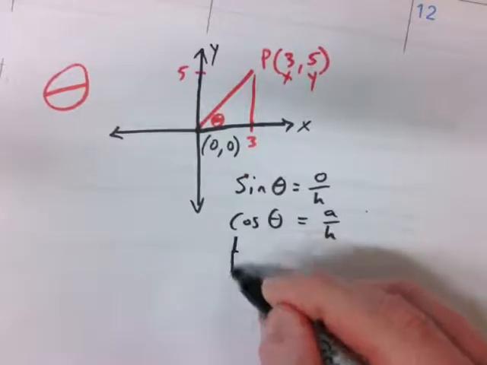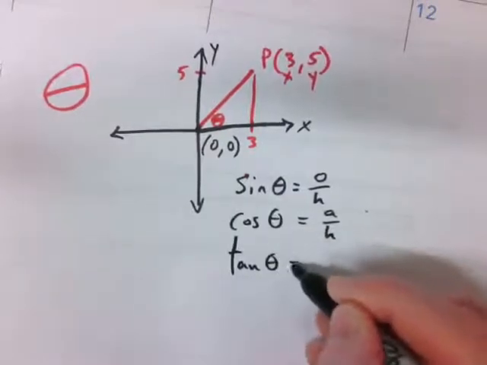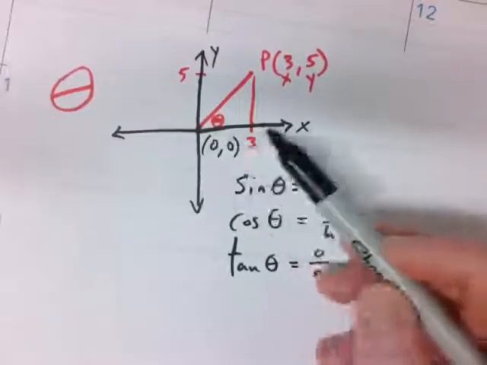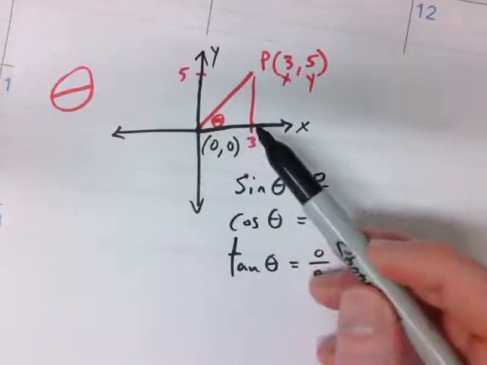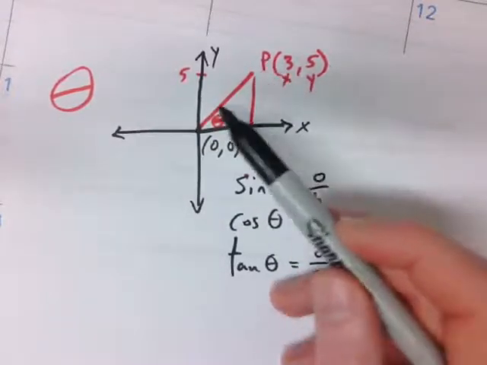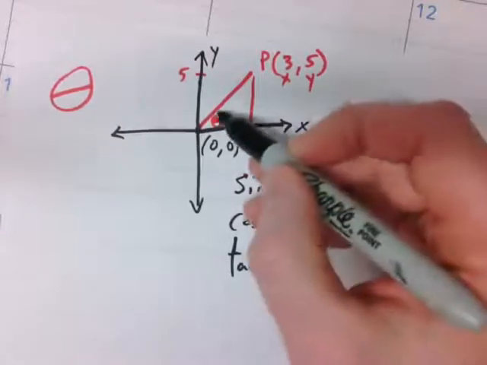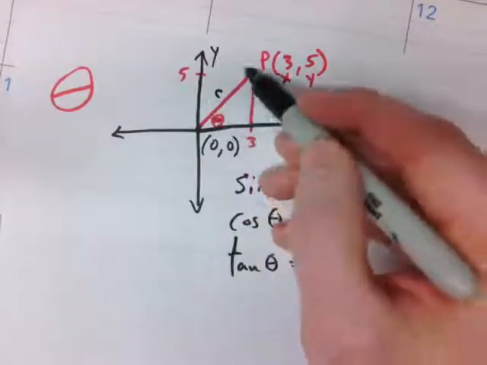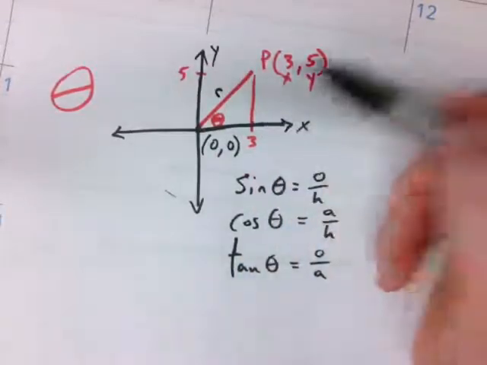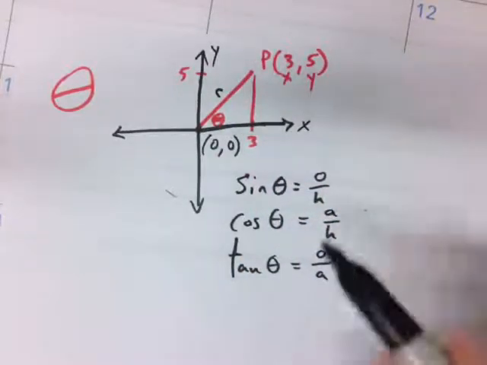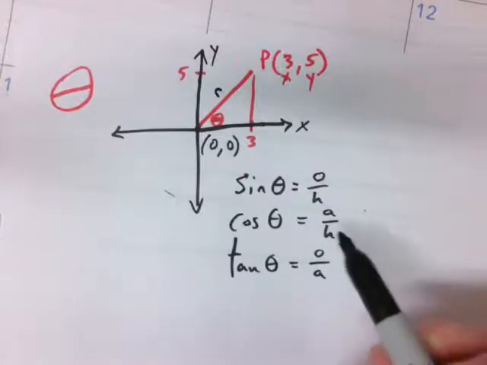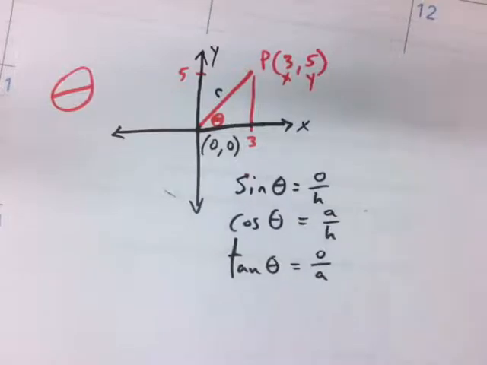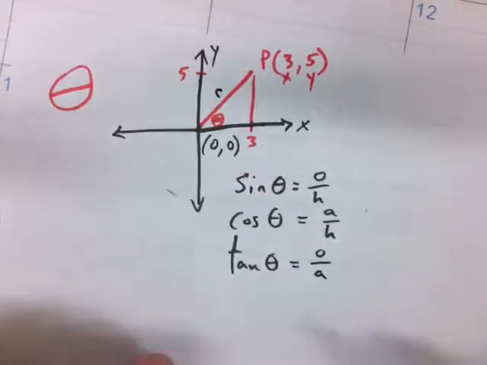Tan of theta is opposite over adjacent. We have the adjacent side. We have the opposite side. We don't have the hypotenuse. In the textbook, it refers to this as r, as the radius. It's talking about a unit circle. I'll talk about that in a second. But we need to solve for that, regardless of what you want to call it. I'm going to call it the hypotenuse because I like that.